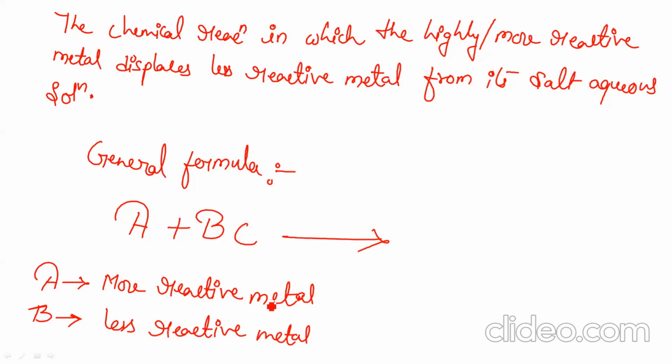So what will happen here? As A is the more reactive metal and B is the less reactive metal, A will be present higher in the reactivity series, while B will be present lower in the reactivity series. It means that B will be below A in the reactivity series.